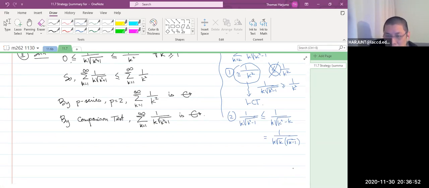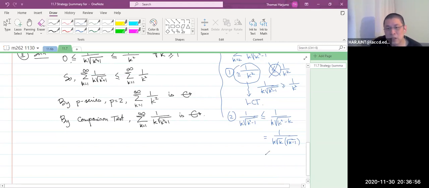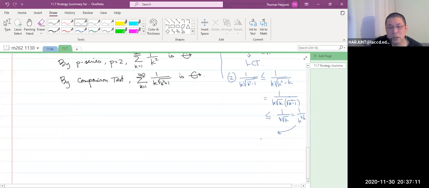Notice that your k starts from 2. Now this is less than or equal to, so I keep on squeezing, 1 over k square root of k, which is 1 over k to the power of 3/2. This series is convergent by the p-series test. So by comparison, this will be convergent.